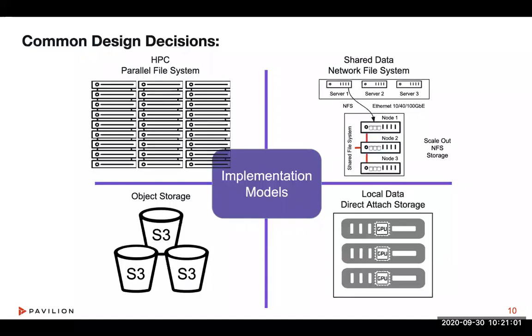I see this as four key or major design categories. And I'll work from the top left. If you think about it, high performance parallel file systems are typically found in the high performance computing space, with the usual suspects in play. I think of IBM Spectrum Scale, more commonly referred to as GPFS.